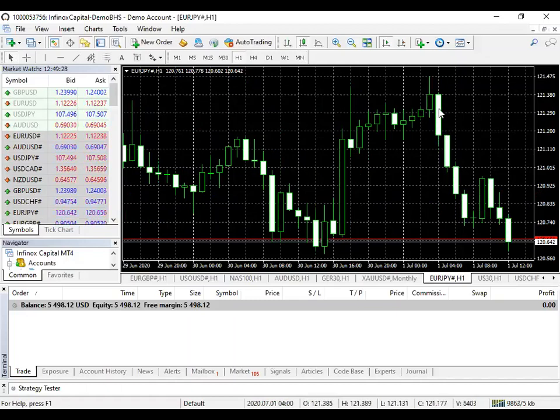So it started dropping from here and it came down. So on my hourly time frame, because I picked my trend down, I would prefer to pick my entry point from a point up there.